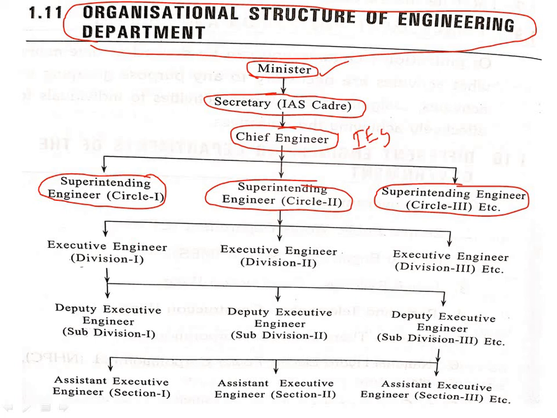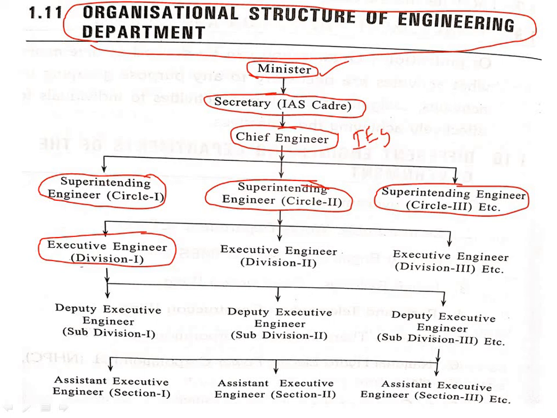And after the superintendent engineer, you can see the executive engineer will be there. Before going to the executive engineer, the superintendent engineer will have a graduate level or higher qualification. This superintendent engineer also will be appointed by the public service commission, which is conducted by the state government.